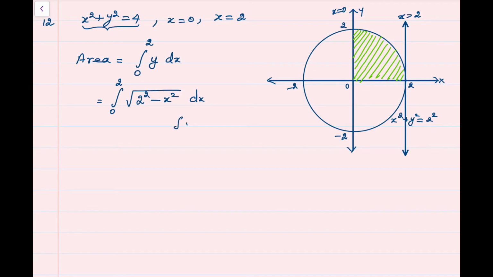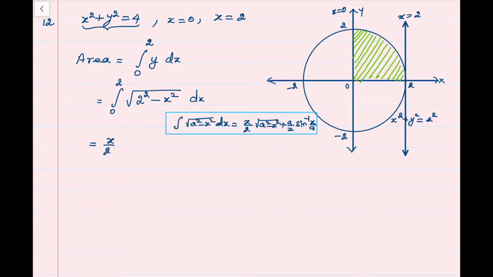We have to use the integral root of a square minus x square dx formula. X by 2 root of a square minus x square plus a square by 2 sine inverse of x divided by a. Therefore, the integral is x divided by 2 root of 4 minus x square plus here a square is 4, 4 divided by 2 sine inverse of x by 2 and the limits are 0 to 2.